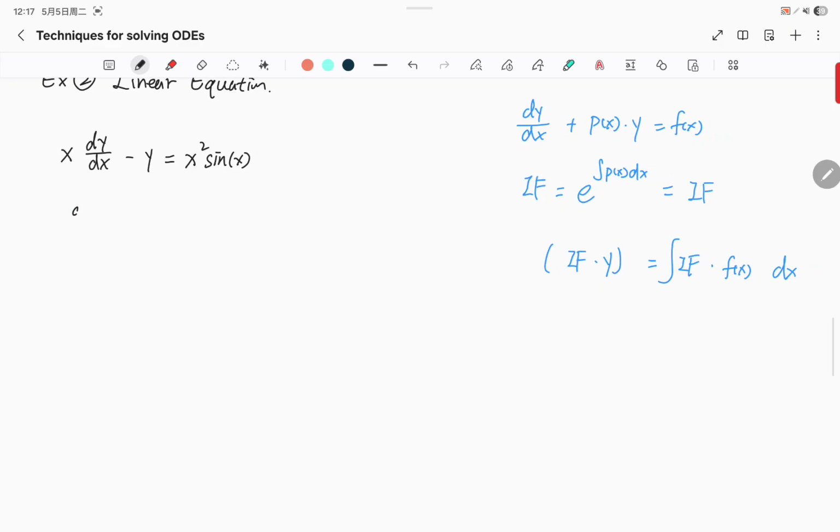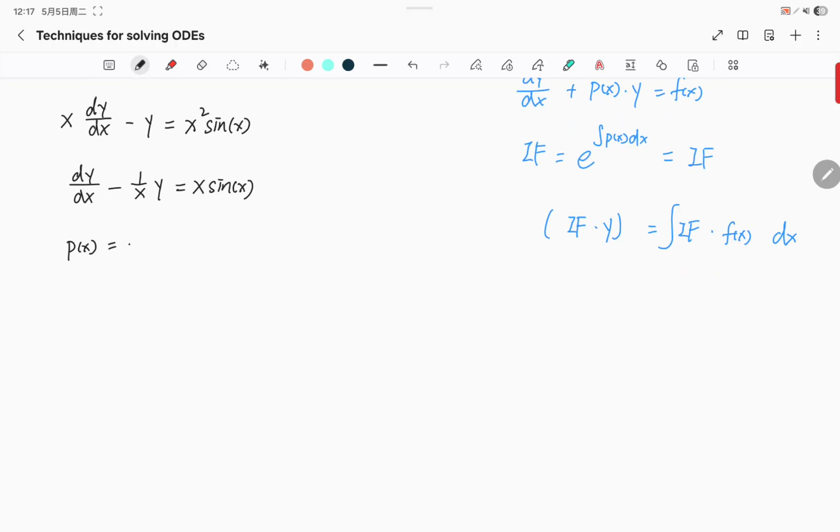So we have dy dx minus 1 over x times y is equal to, instead of x squared, just x sine of x. Now I'm good to go. Let's identify what my p of x and what my f of x is.